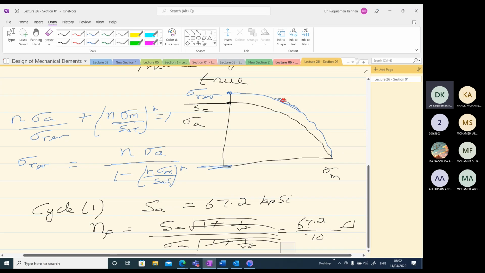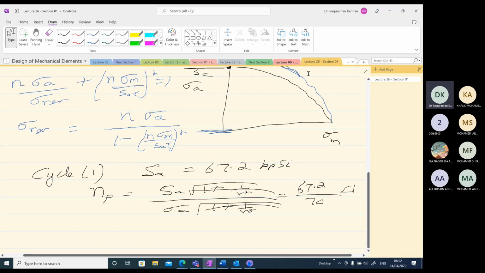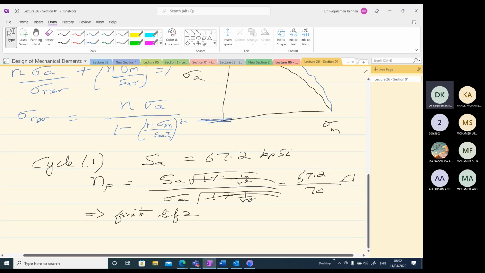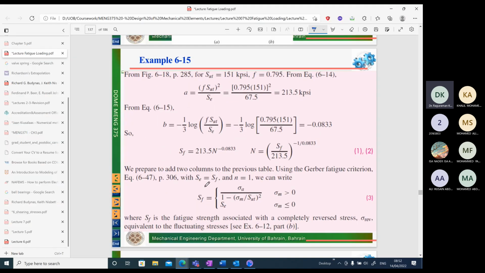In this particular case, we have finite life, which means the next step is to figure out the completely reversible load, and we use the formula given here. Sigma mean value is positive 10 kpsi, so we use this formula.